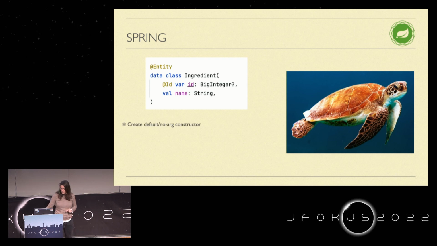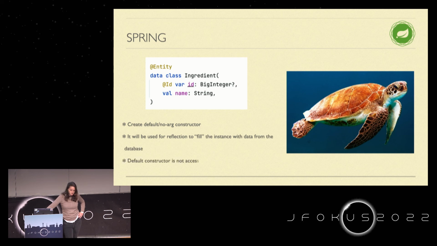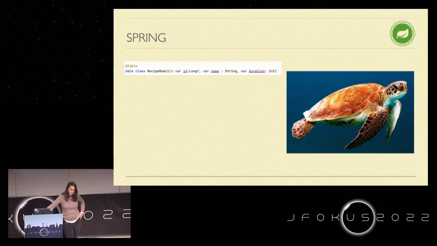So as I said, JPA will create for you your default or no-arg constructor to be able to fill it. And the default constructor is not accessible in the codebase. You can also use @Table on a data class, that's still fine.